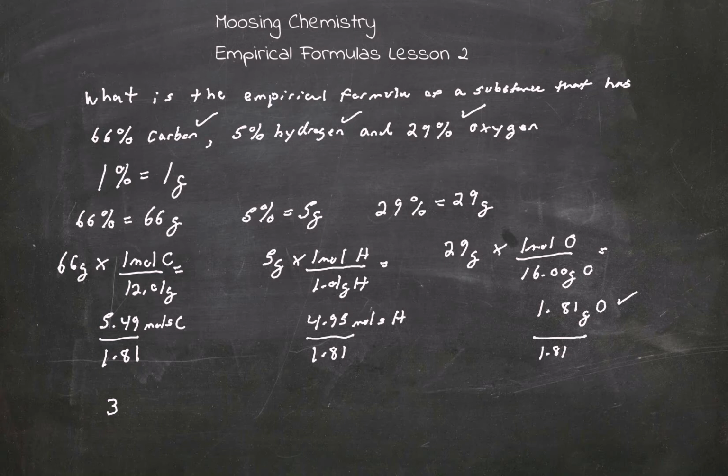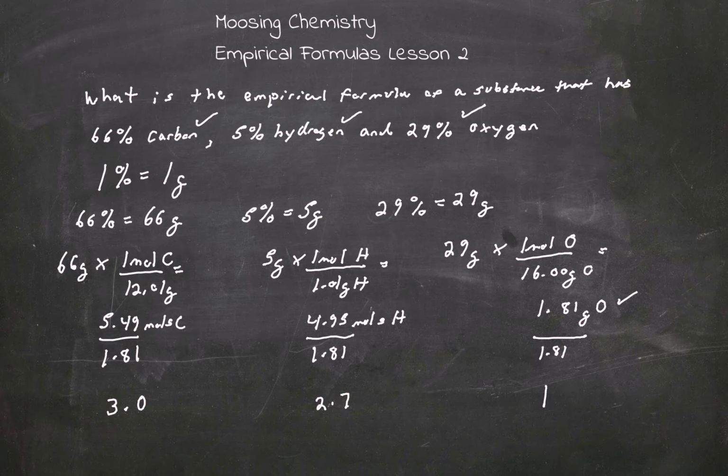4.95 divided by 1.81 is going to give me 2.7. We'll talk about that in a moment. And this, of course, is going to be 1. Well, this 2.7 is pretty much close enough to call 3.